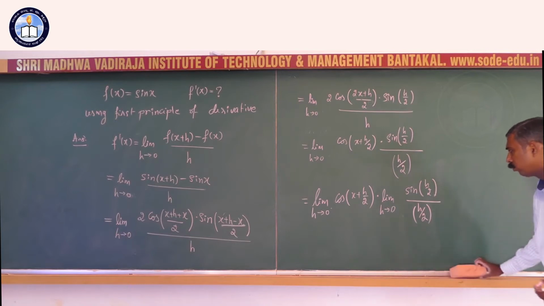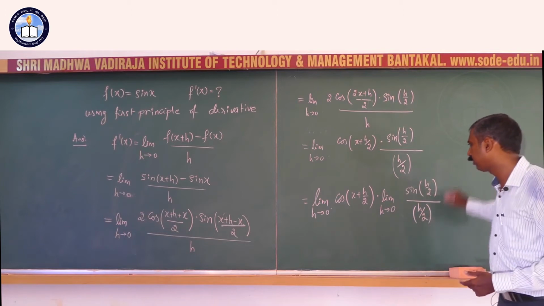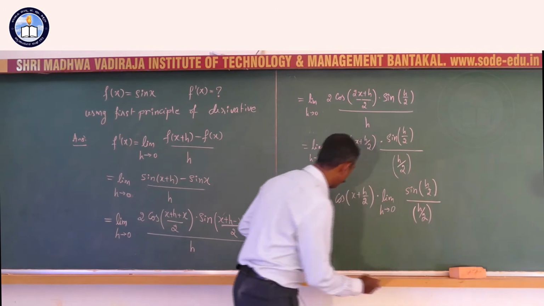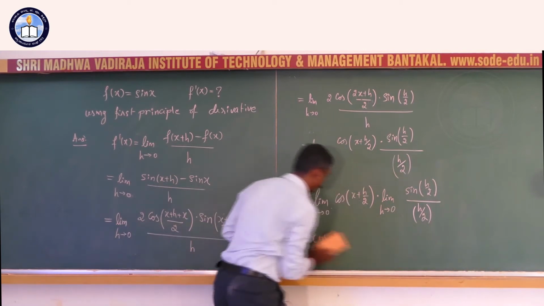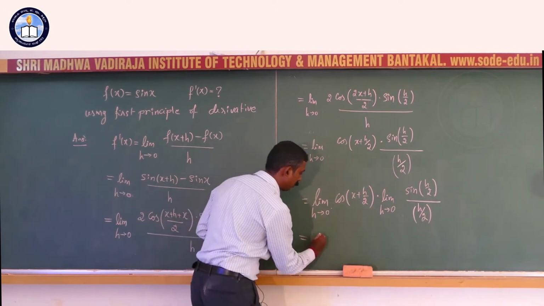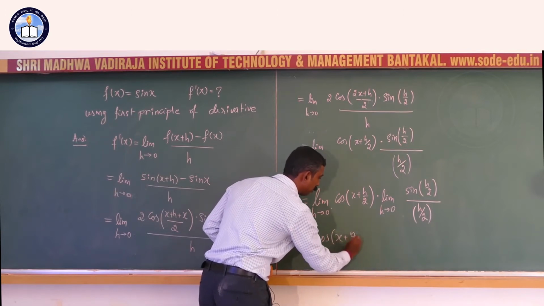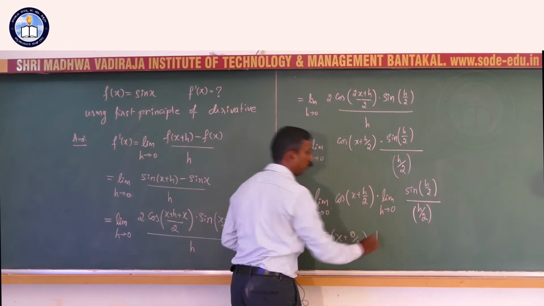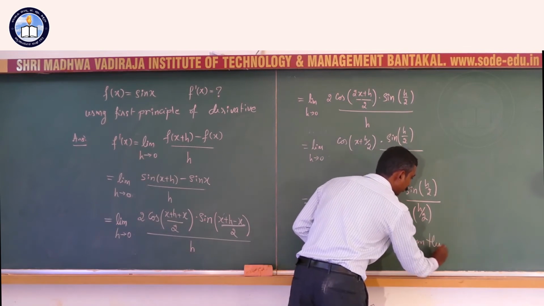Therefore, we can directly write this expression as 1. So, applying the limit, you will get cos of x plus 0 by 2 into 1, from the theorem.